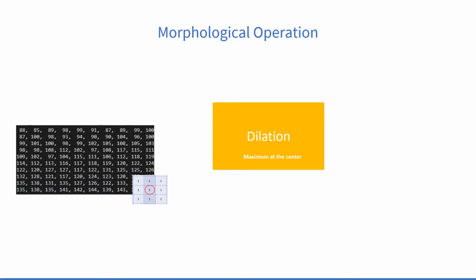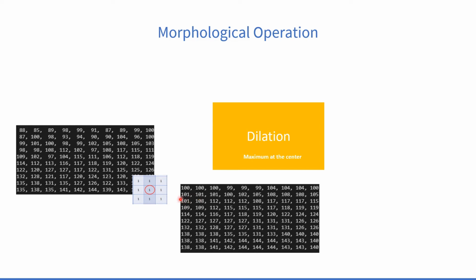Let's see the values after applying the dilation. When we keep this kernel at this place, we omit the outside, and we see which is the maximum in this first corner. 100 is the maximum, so I'm going to replace it with 100.